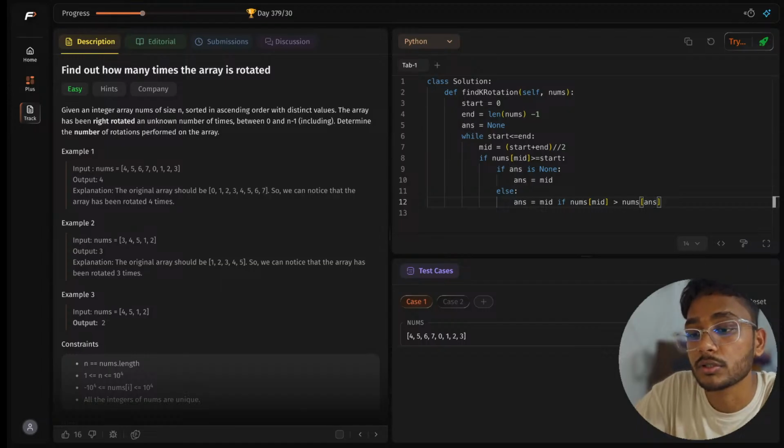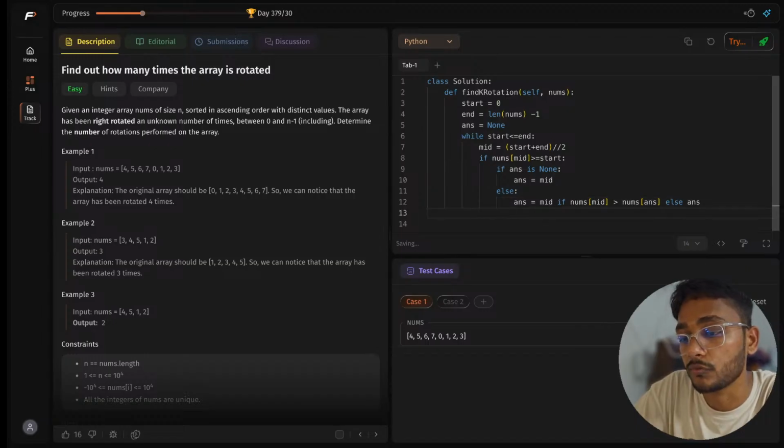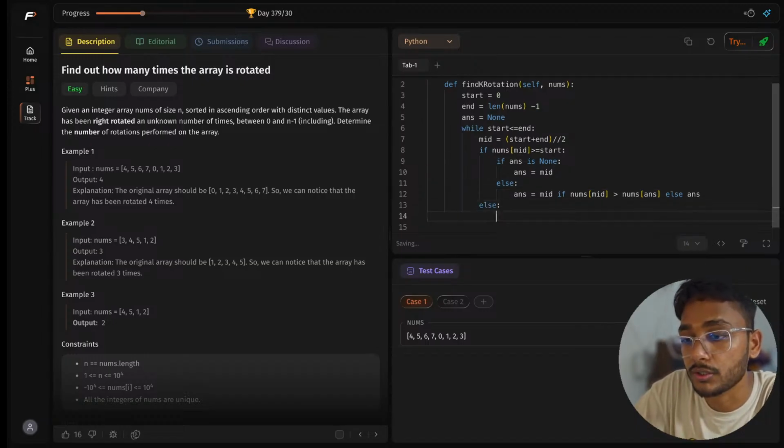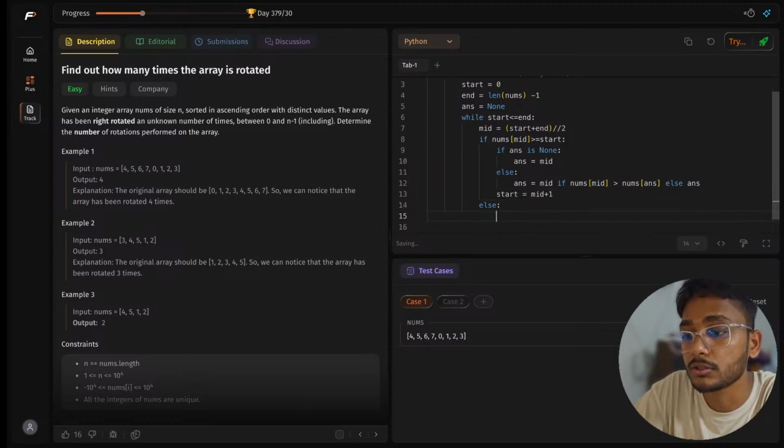Then that means, else answer will remain answer. And finally, this is the else part, what needs to be done? This part is sorted, so start will be mid plus 1, else end will be mid minus 1.